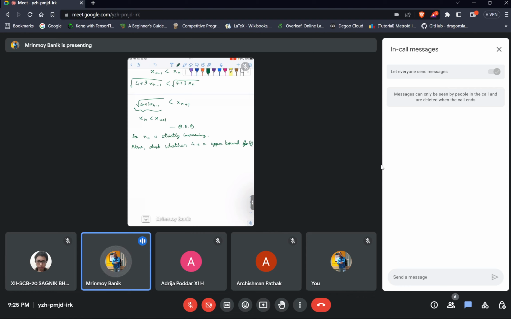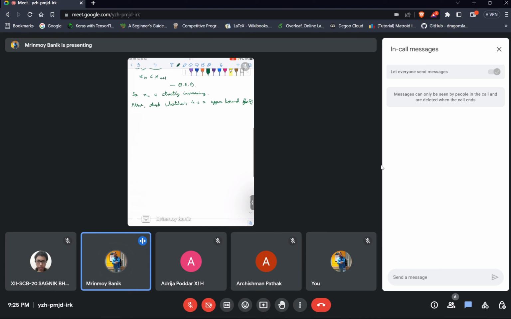So we can again fall back to induction for that. We can see x0 is 0, so it's less than 4. And let's assume xi is less than 4 for all i inside 0 to n.